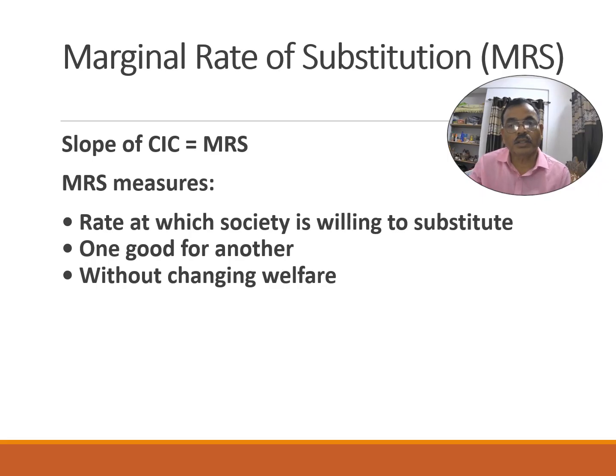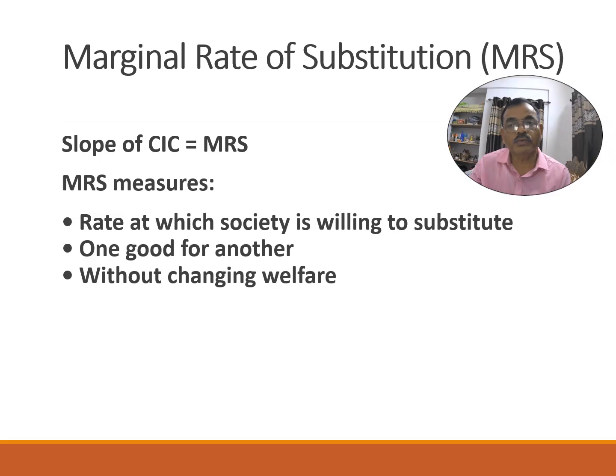For example, if MRS equals 2, society is willing to give up 2 units of good Y to obtain 1 additional unit of good X.